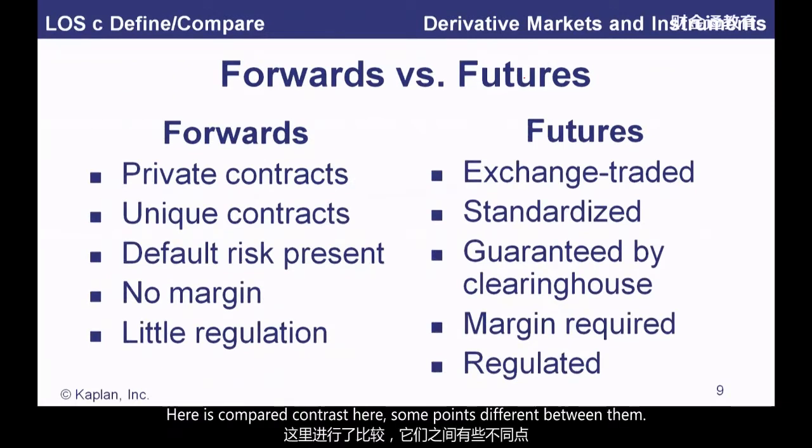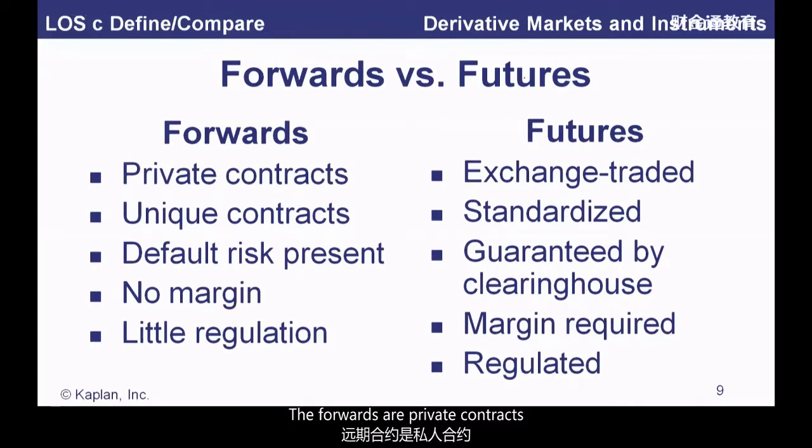So here's some compare and contrast, some points that are different between them so you can answer questions about these differences. The forwards are private contracts. The futures are exchange-traded contracts. With forwards, each contract is unique. Some may be similar, but they're each written for the new buyer or seller. Futures contracts, as we said, are standardized and guaranteed by the clearinghouse.